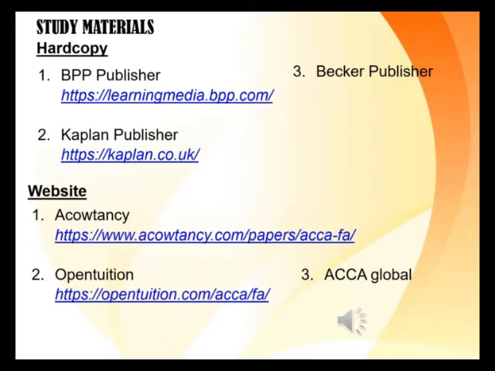For study material, we have two ways. One is hard copy, which is BPP publisher books. We use this book as our textbook, as our reference in the learning sessions. For the BPP publisher book, the cost for each subject is 200 ringgit per set.